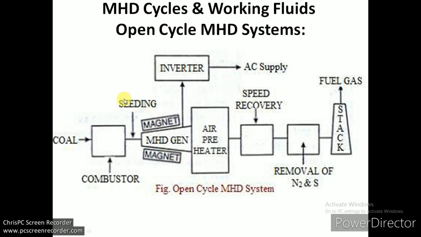And the coal is used as combustion, to make ionization of gas, so that ionization of plasma gas occurs. And here some cesium and potassium doping is also used to increase the conductivity of that plasma, so that the power generation can be enhanced in the MHD box.